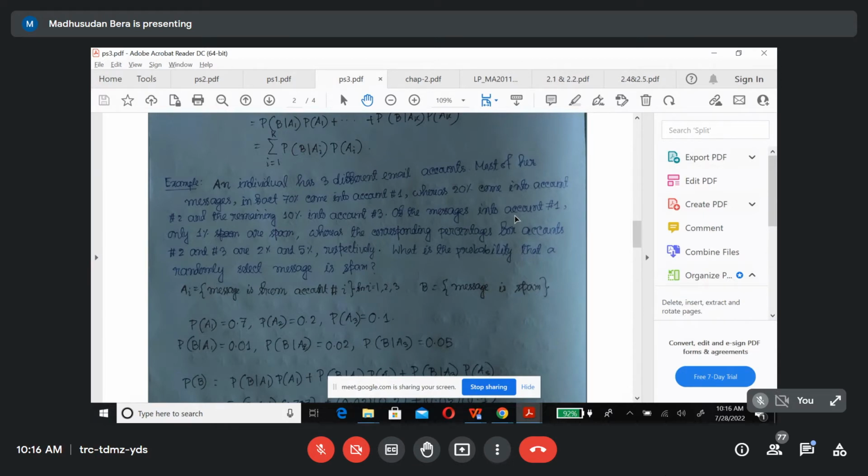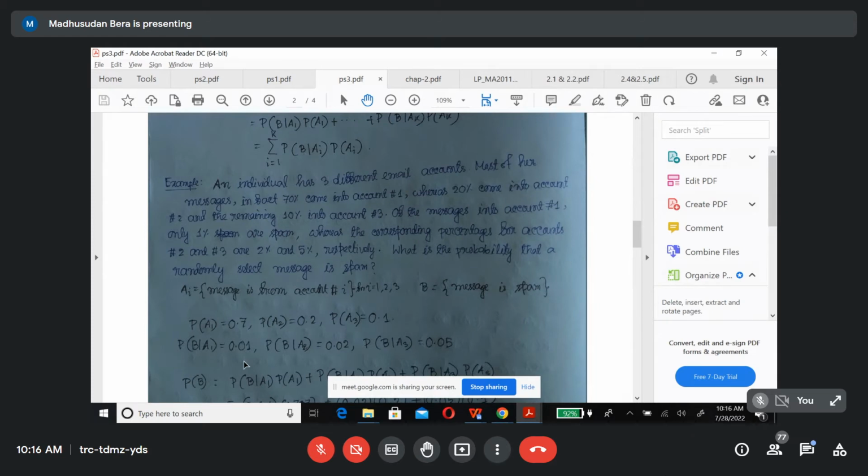Suppose B is the event that the message is spam. So B given A1 means, in A1, what is the probability that a message is spam? So P of B given A1 is 1%, so 0.01.